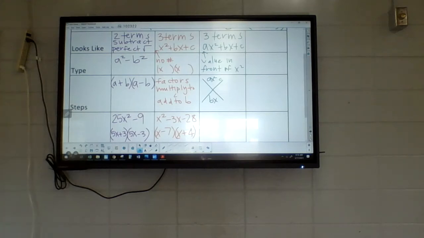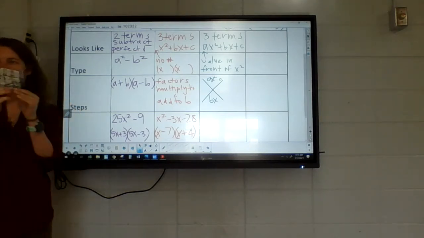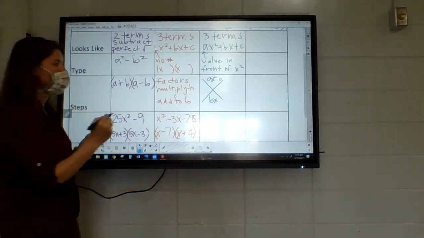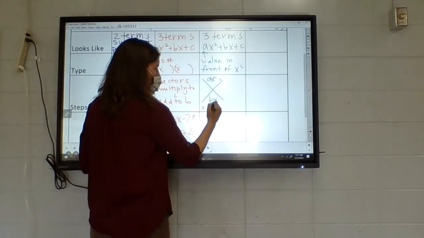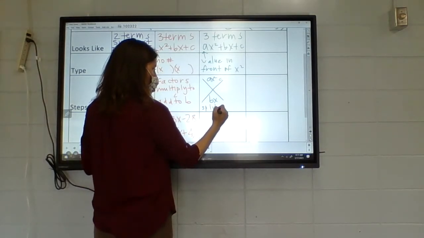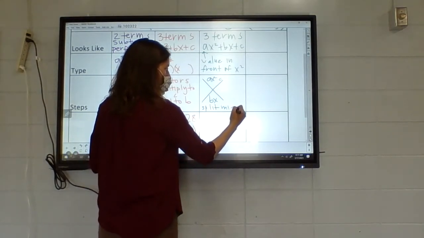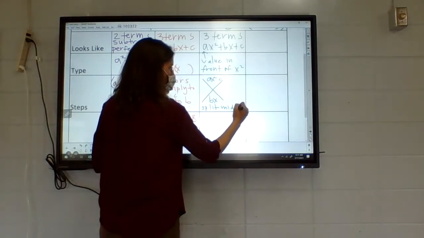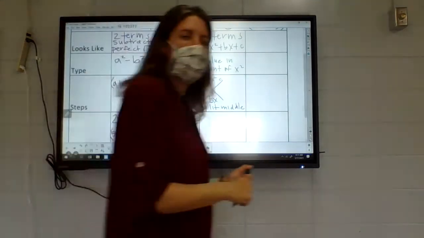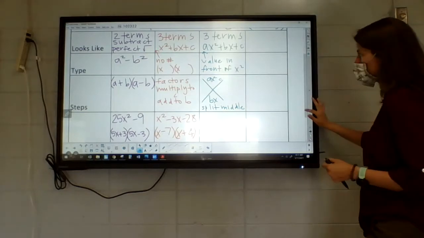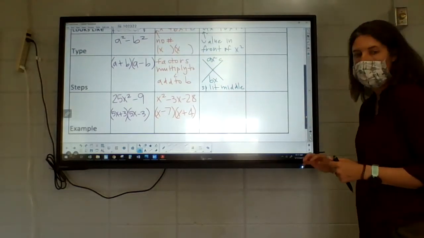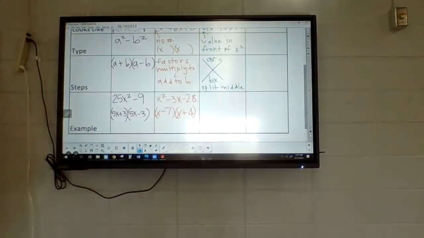And I want to multiply to get the top, add to get the bottom, just like we've been doing. But then I use that to split the middle term up. So that middle term is going to be split up. We'll do an example here in a second.